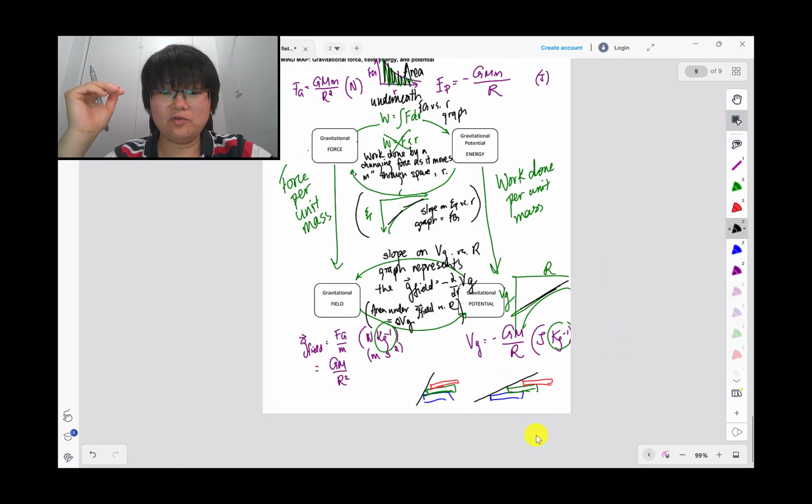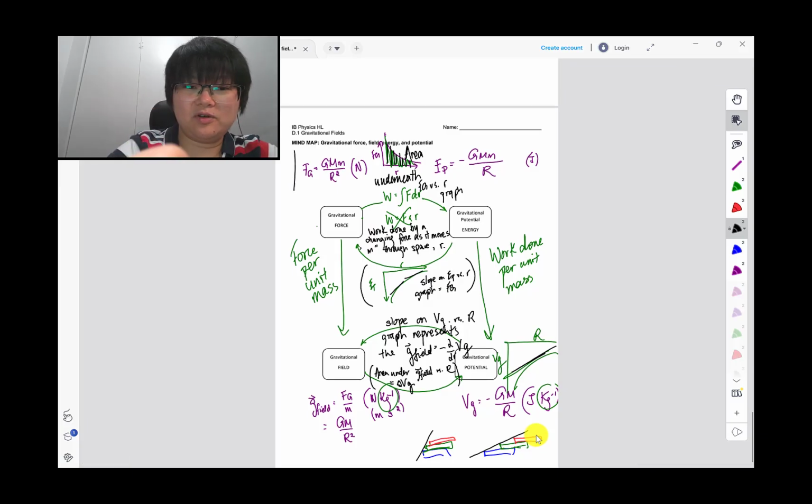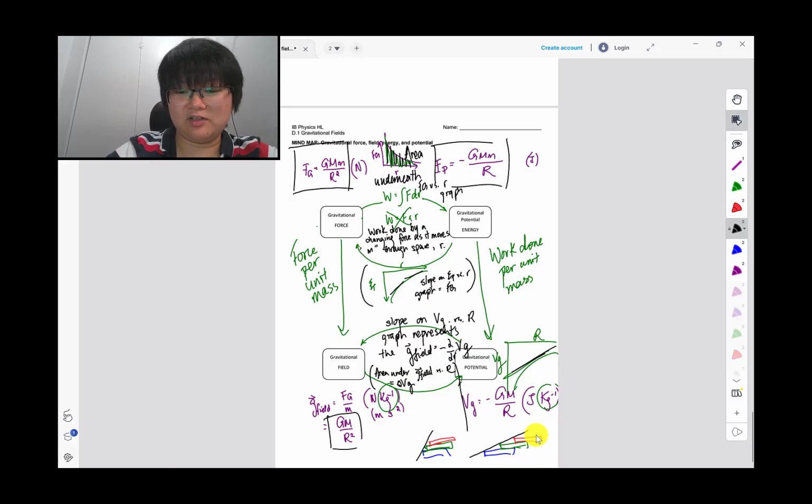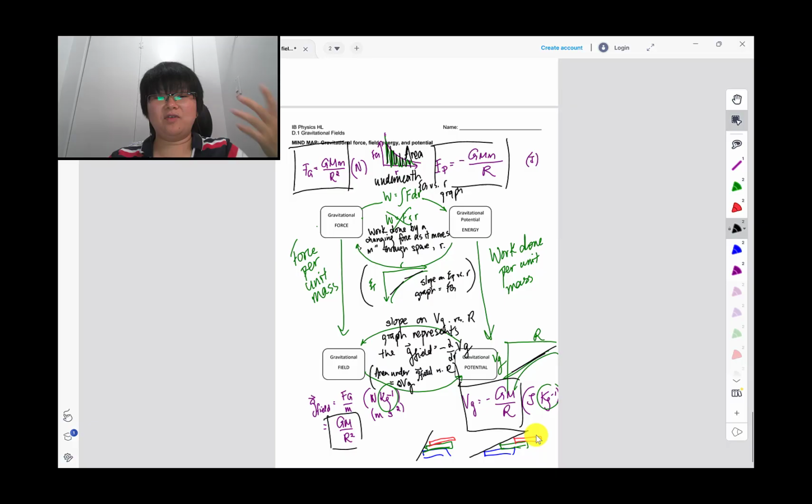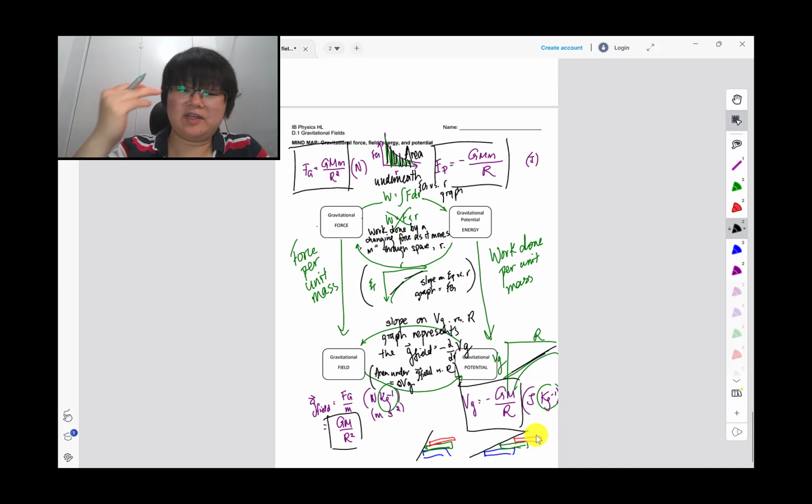And if we zoom out, you'll also notice that in all of these equations, they all look very similar. There is a big G, there's a big M, some variation of the r's in there, but they're all related to each other by these different concepts. One of the cool things to note is when we study electricity, we're going to see the same thing, but for electrostatic force between charges.